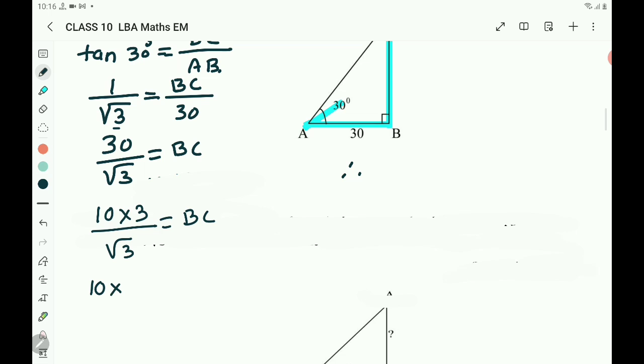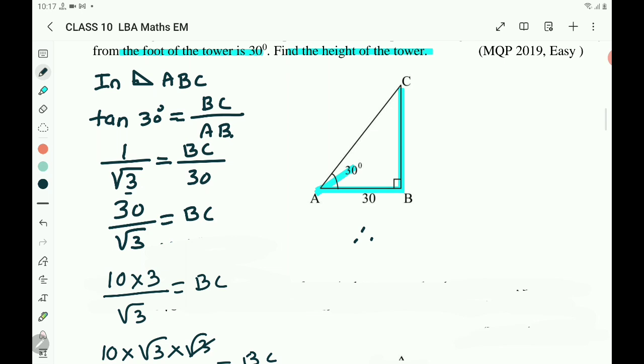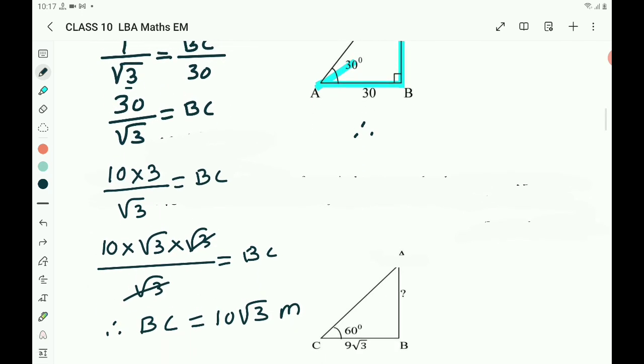That is 10 into 3 can be written as root 3 into root 3 by root 3 equals BC. You can cancel root 3 and root 3. Therefore, BC is equals to what? 10 root 3 meter. That is the height of the tower. Then you write height of the tower is 10 root 3 meter.